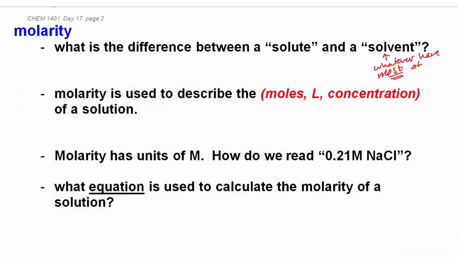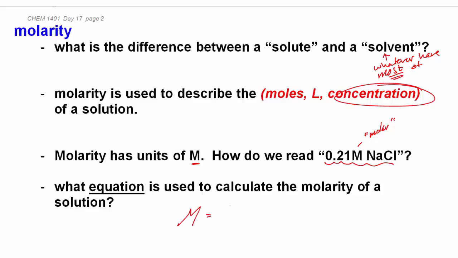Molarity is used to describe the concentration of a solution. Molarity has units of big capital M. How do you read this? We're not supposed to say 0.21 m sodium chloride. We should say 0.21 molar sodium chloride. What equation is used to calculate molarity of a solution?